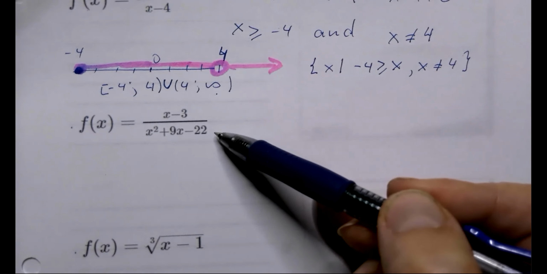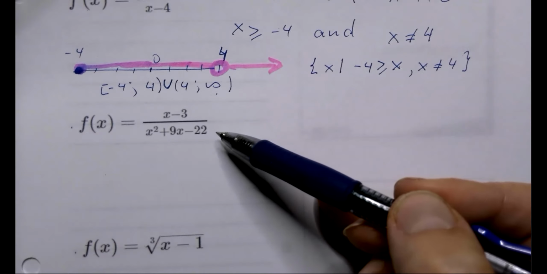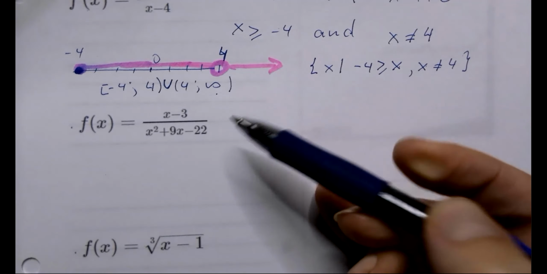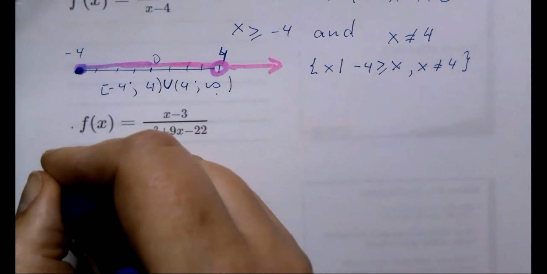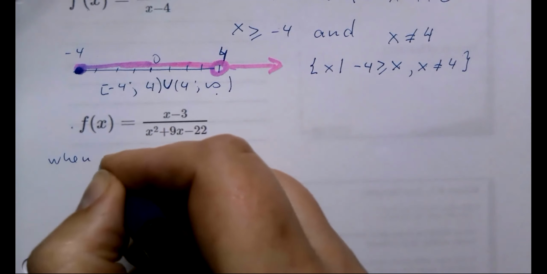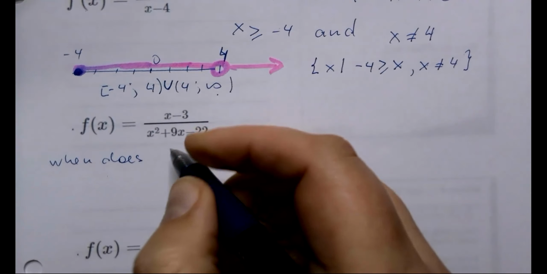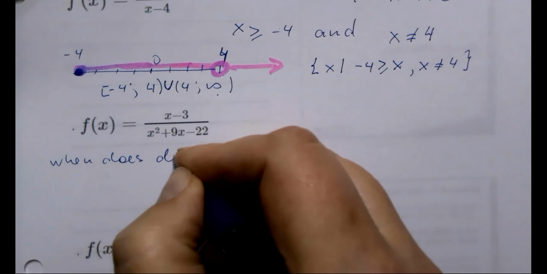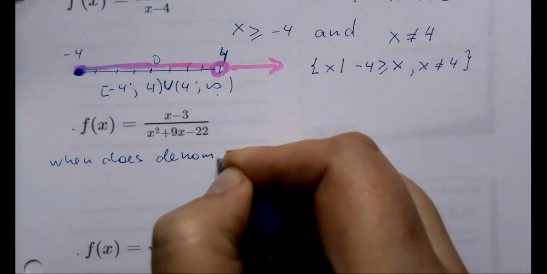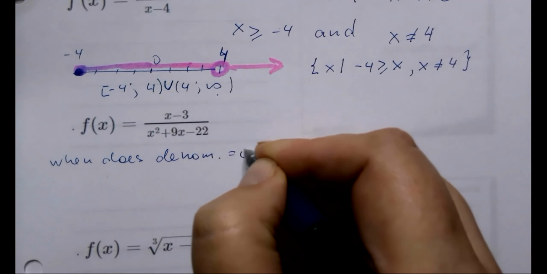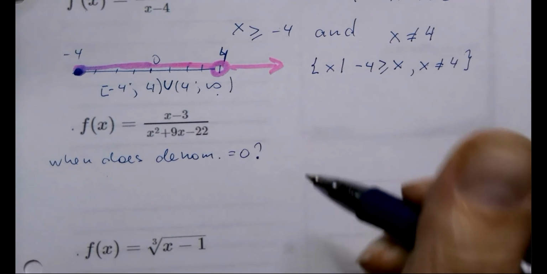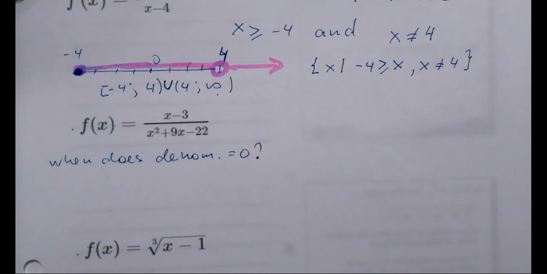But for the denominator, again, we don't want our denominator equal to 0. So when does the denominator turn into 0? For which values of x? We want to find those values and we want to take them out of the domain.